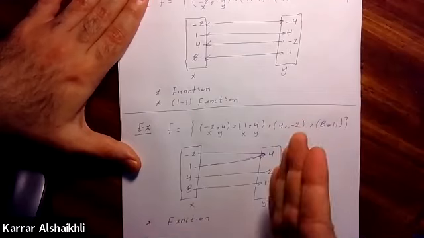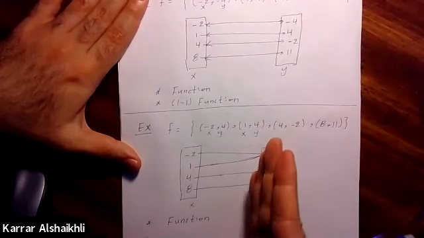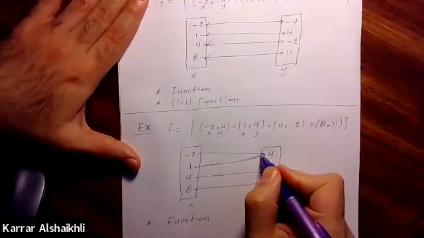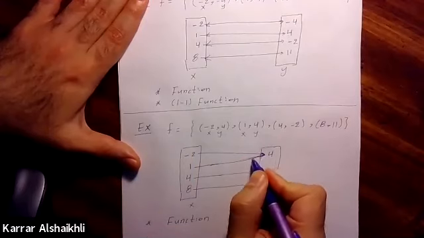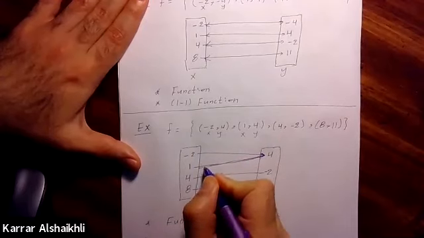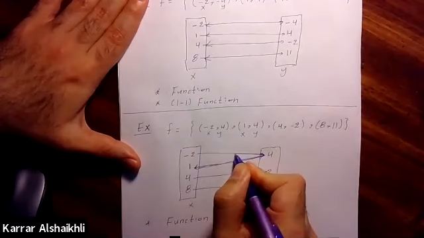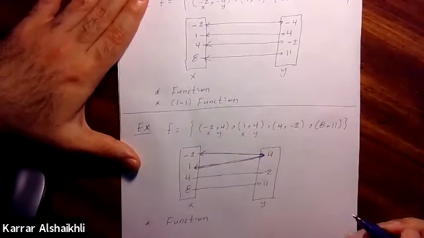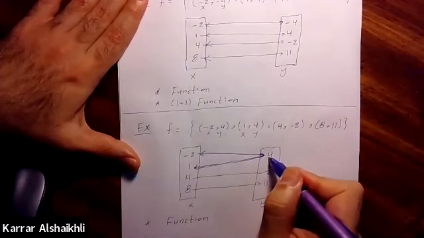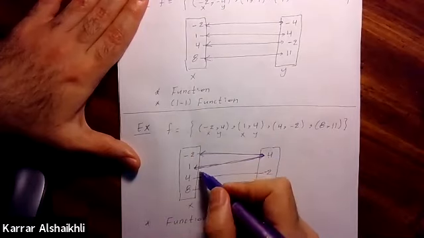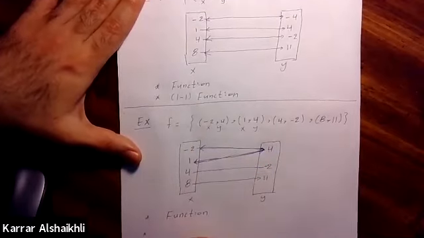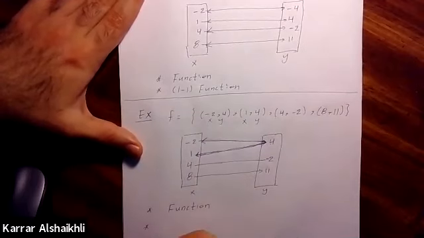Now let's check the Y. Check the 4. The 4 goes back to 1, and the 4 goes back to -2. That means this Y goes back to two X's, so the second condition is not satisfied.